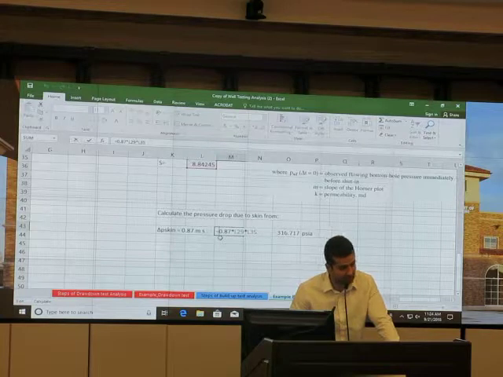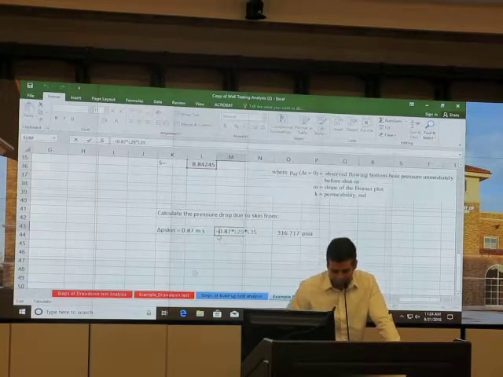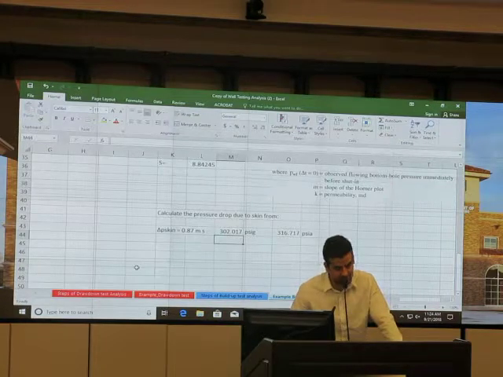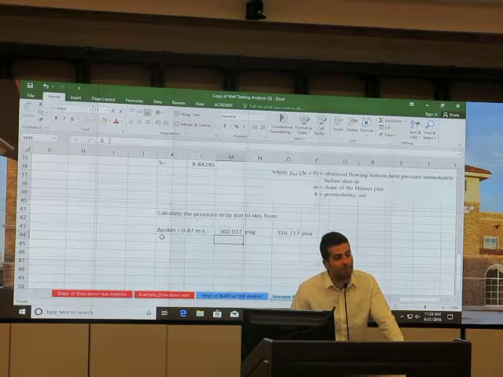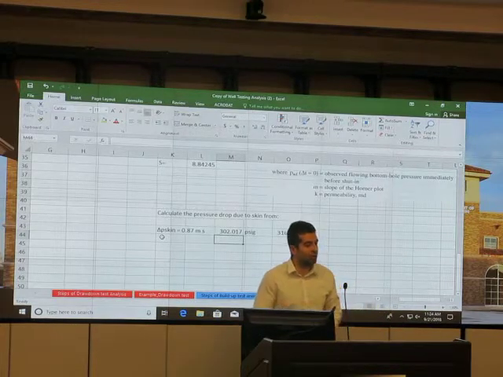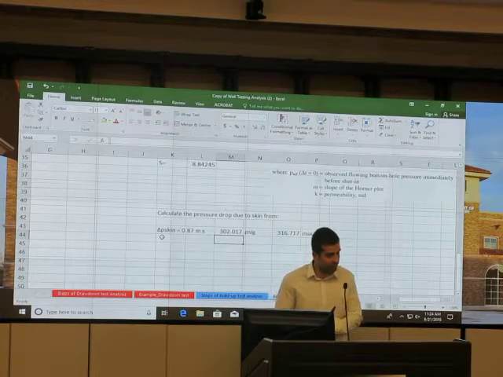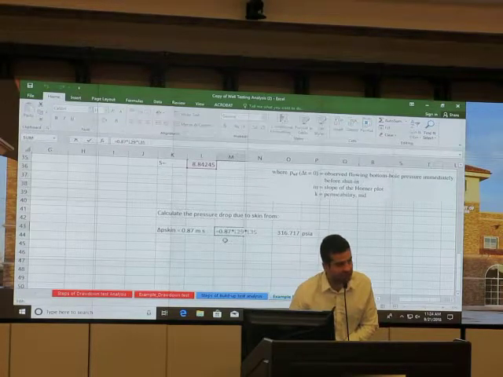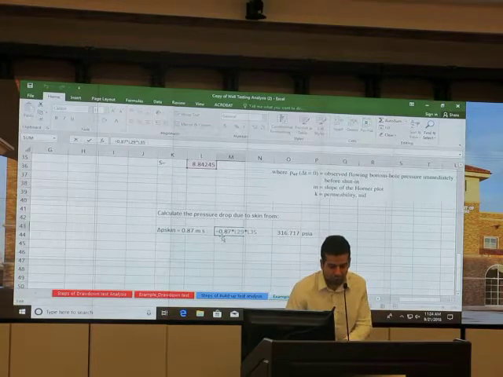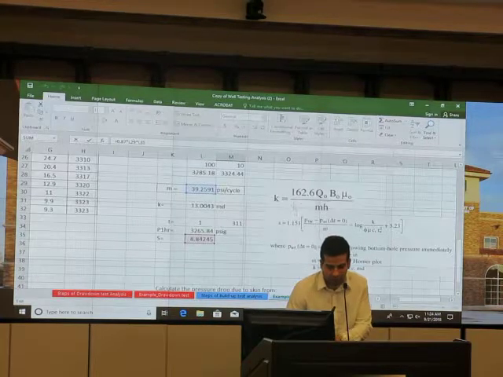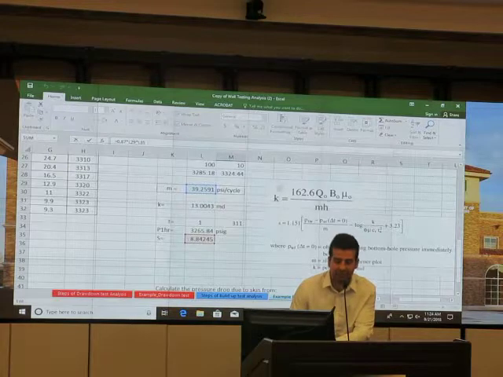Dr. Gimari will ask you in the next example, in the build-up test, to calculate the pressure drop due to skin. When we talk about pressure drop due to skin in transient flow, you use this equation, which is 0.87 multiplied by m, which is the slope and also represents this number.